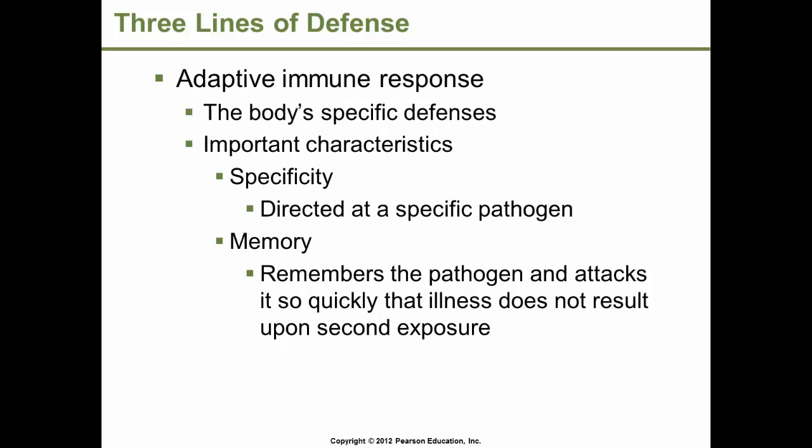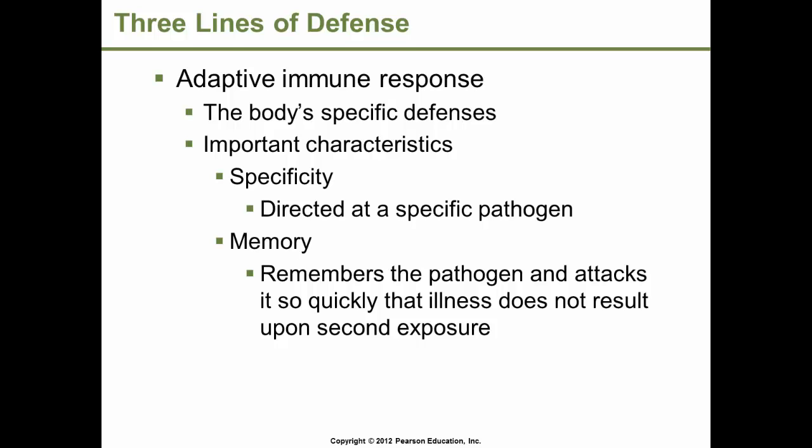The adaptive immune response is the body's specific defenses. Important characteristics are that it has specificity and it has memory. Specificity means that its action is going to be directed at a specific pathogen. Memory remembers that pathogen and attacks it so quickly that illness does not result upon second exposure.